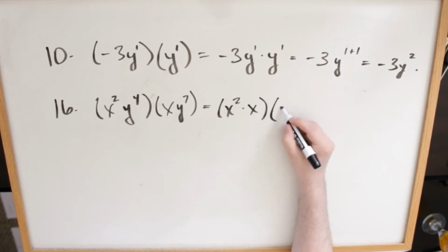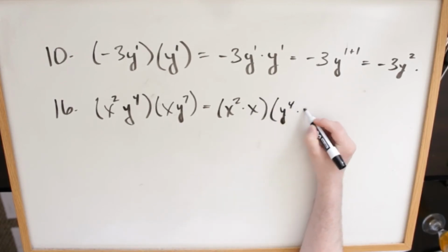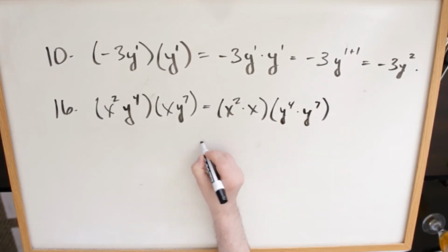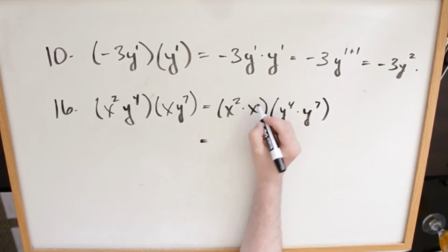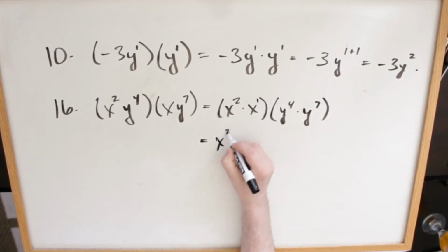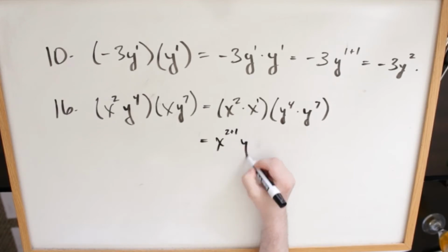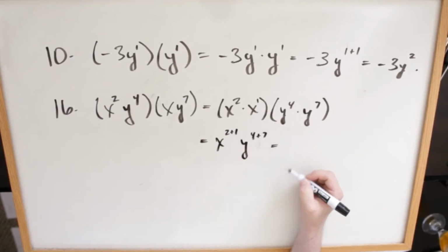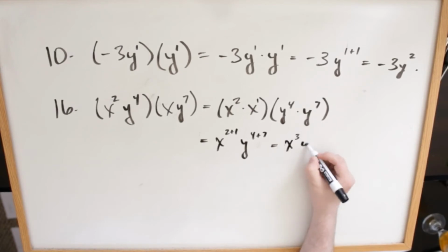And now this becomes y to the 4th times y to the 7th, which is the same thing as, again, remember that's a 1, x to the 2 plus 1, y to the 4 plus 7, which is equal to x to the 3, y to the 11.